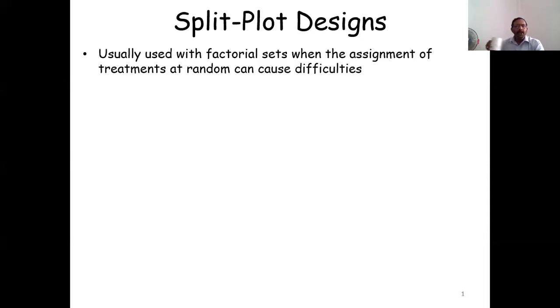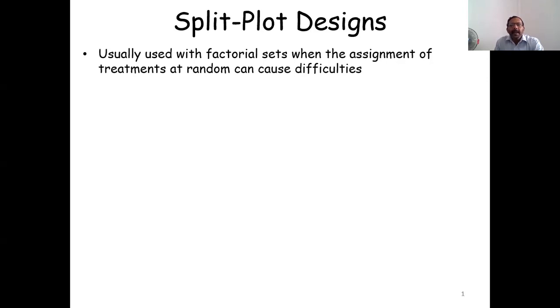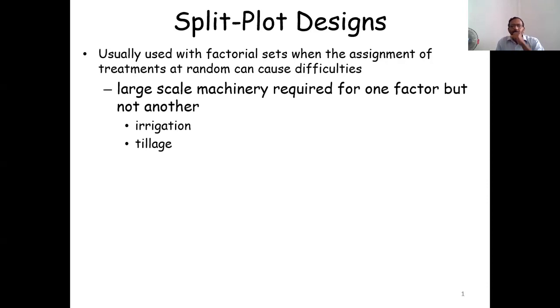Usually, we have factorial setup. All these combinations are there, A0, A1 combination with B0, B1 as an example. When the assignment of treatments at random can cause difficulties, because of that, we go for split plot design.